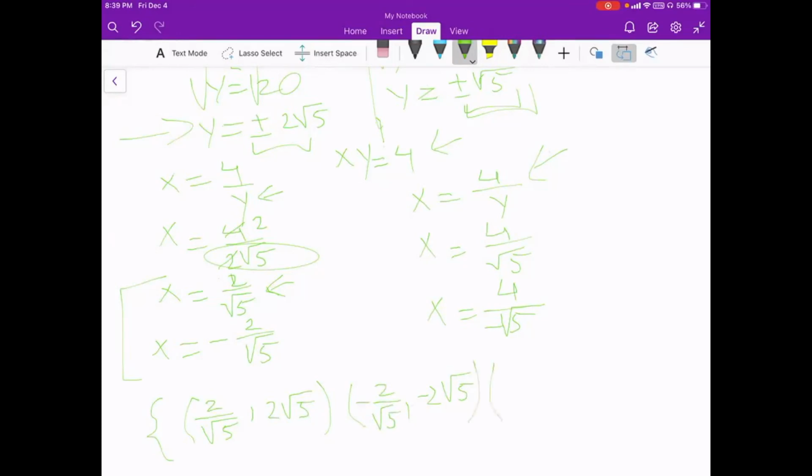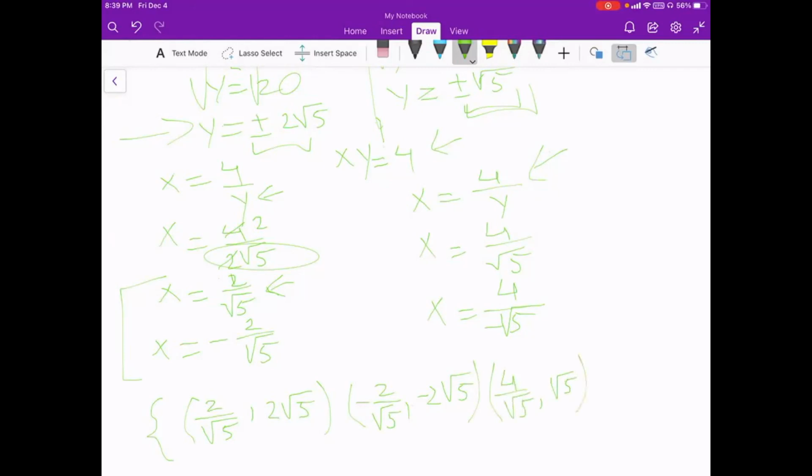And then for my right side now, when I plugged in positive radical 5 for my y, I got 4 over positive radical 5 for my x.